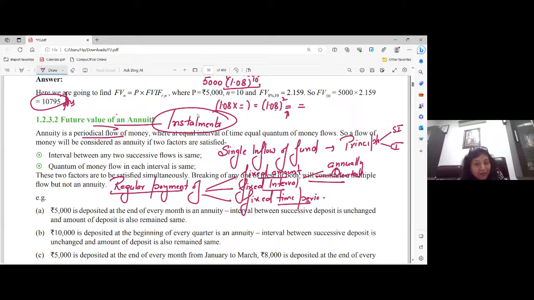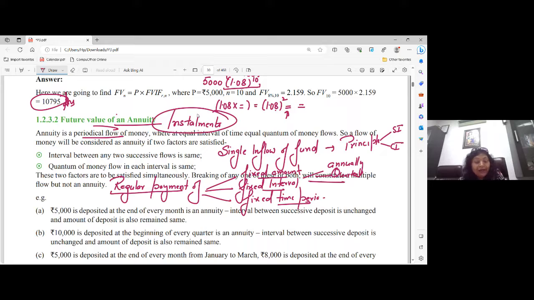You have to pay 5,000 monthly, and in 3 years the entire money will be paid. Now you are buying that bike in installments, and your installment amount is fixed, your interval is fixed, your time period is fixed. So if you are paying some loan in installments, then that installment is called annuity.